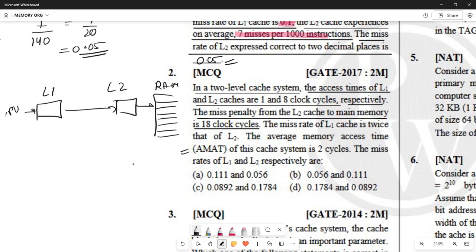And average memory access time. What is the formula of AMAT? If we want it in terms of miss rate, we will use miss rates.